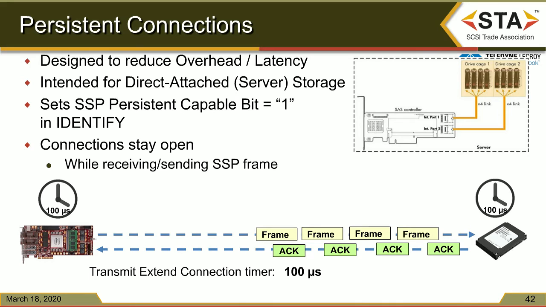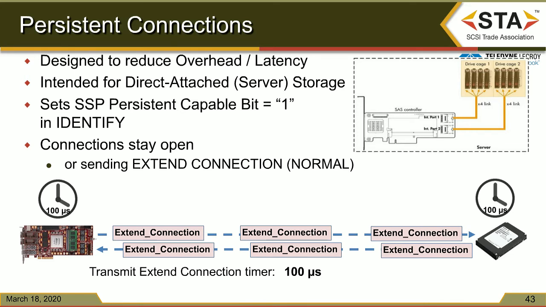Once the extend connection is enabled in the identify, both sides are supposed to start a 100 microsecond timer that basically resets every time you see an EOF delimiter, an end of frame.